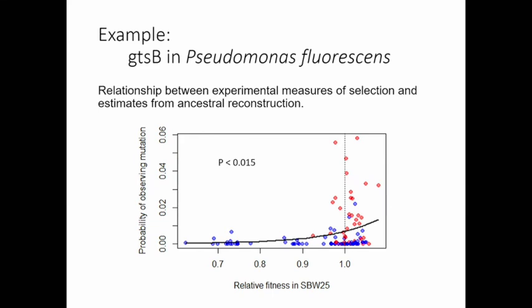Again, this is a similar plot to the previous slide. We've got the relative fitness that we've measured experimentally across those different mutants on the x-axis, and the probability that comes out of the comparative analysis. And then we have a messy but significant relationship here as well.